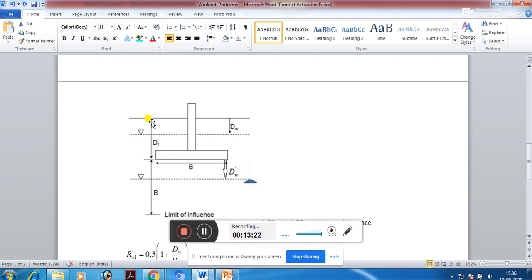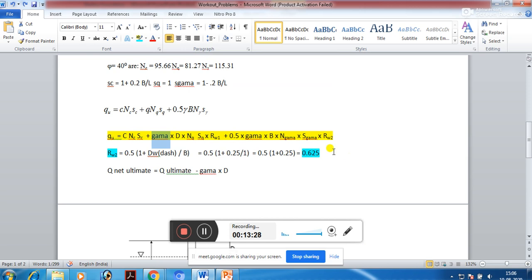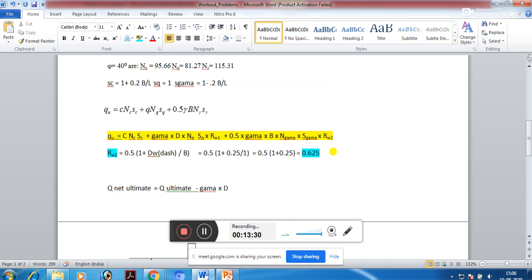So there will be no impact of water table up to the depth of the footing, and thus this problem becomes simpler, and we can easily say that the RW1 value will be equal to 1. Okay. Now the problem is very simple.